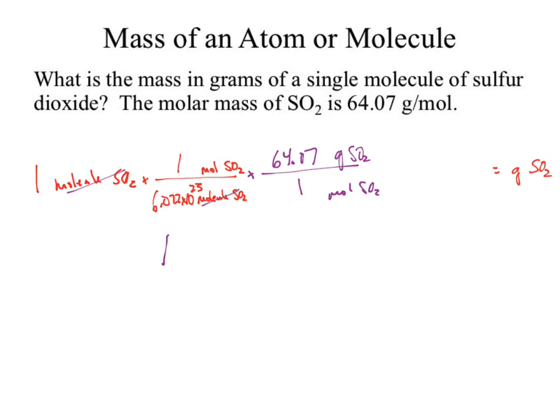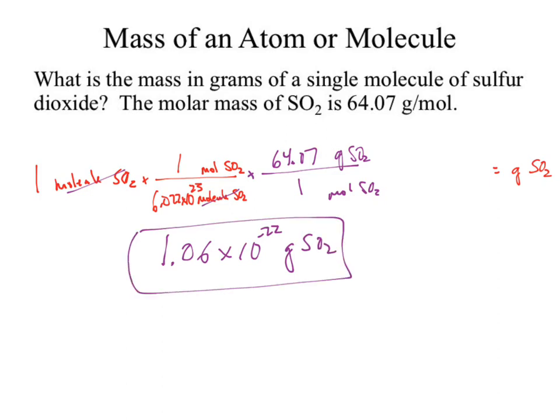Who got it? 1.06 times 10 to the negative 22nd grams of SO2. Look at that. I said on the order of 10 to the negative 23rd. I'm pretty close, only a power of 10 off. It's like scoring a 10 on the exam. That's passing, isn't it?